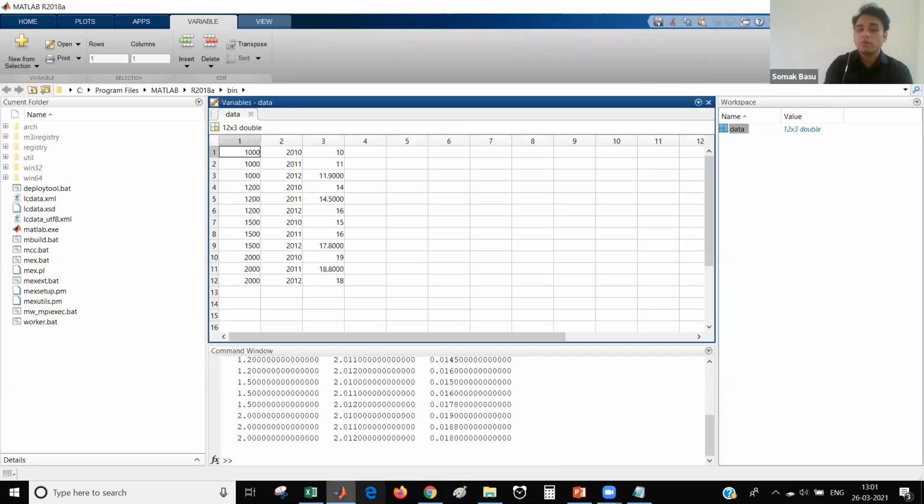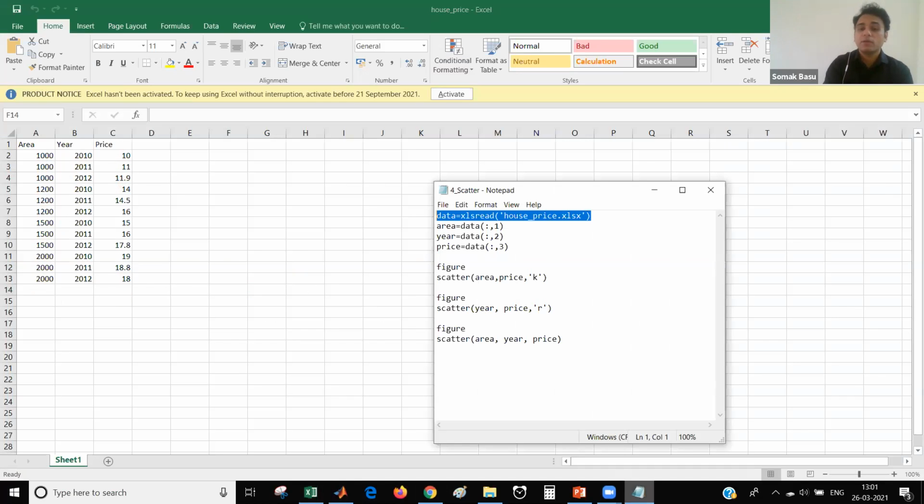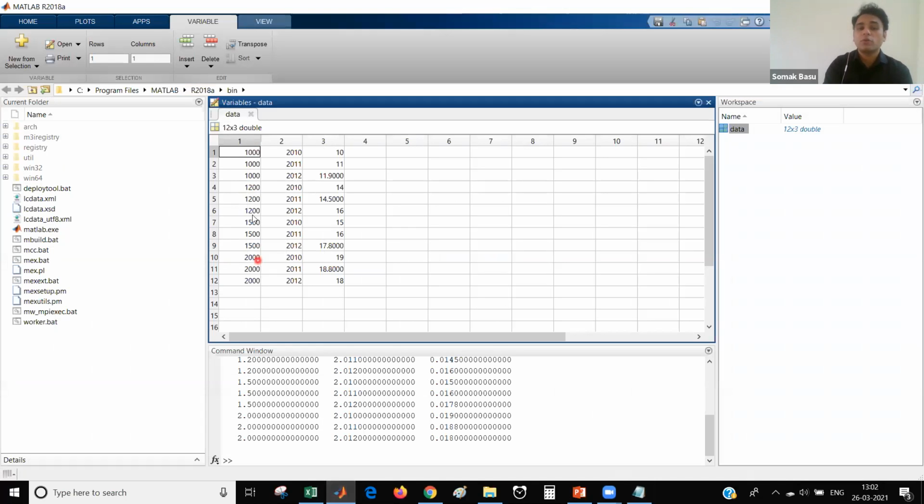It has 12 rows and 3 columns. The first column corresponds to the area of the house, the second column corresponds to the year, and the third column corresponds to the price in lakhs.